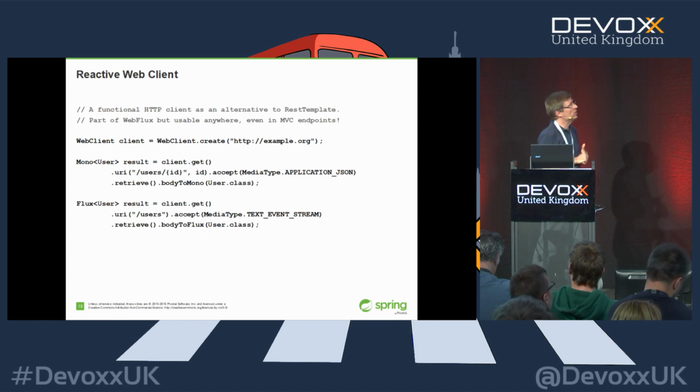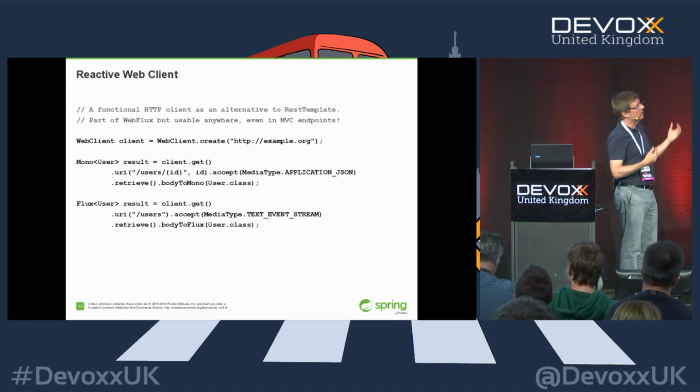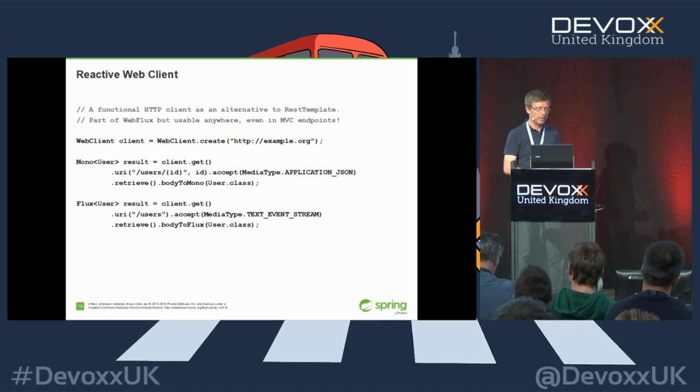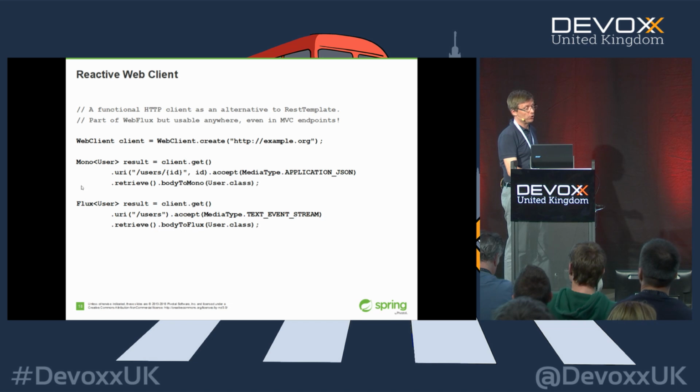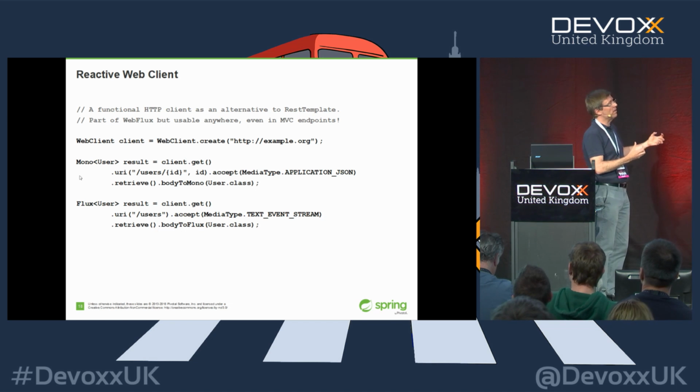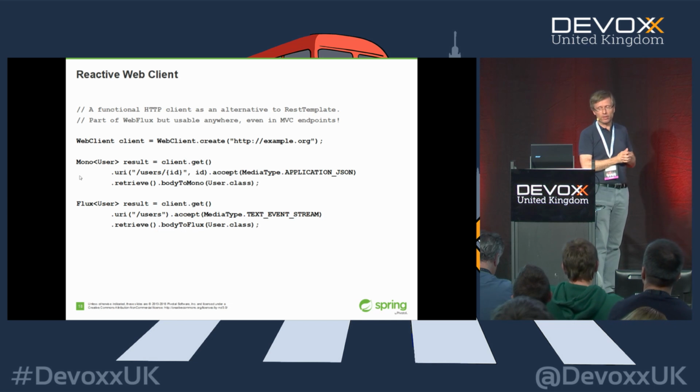And I've already mentioned the web client a few times. This is basically our new reactive web client, sort of superseding REST template in some ways. It can be nicely used in the servlet stack, because if you're using this kind of web interaction to another server, then you're going to get a Reactive Streams publisher here. You can return them even from Spring MVC handler methods, and we know what to do with it.